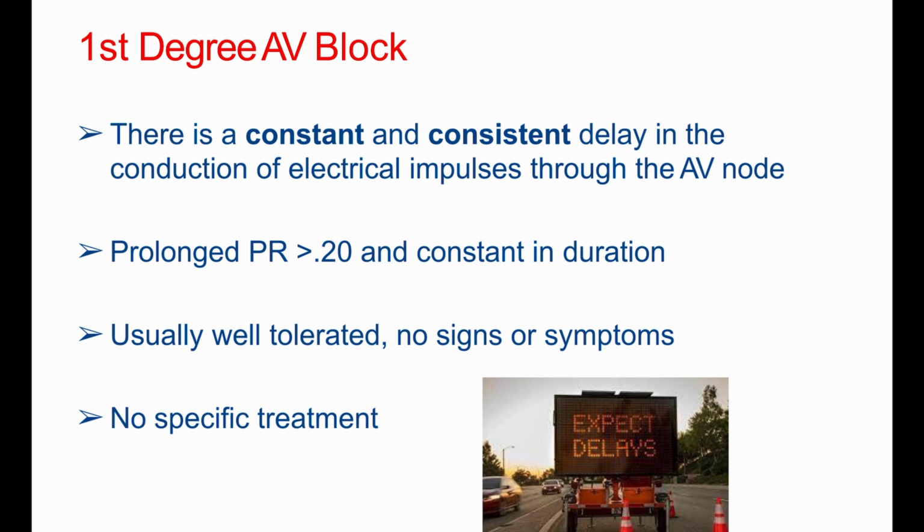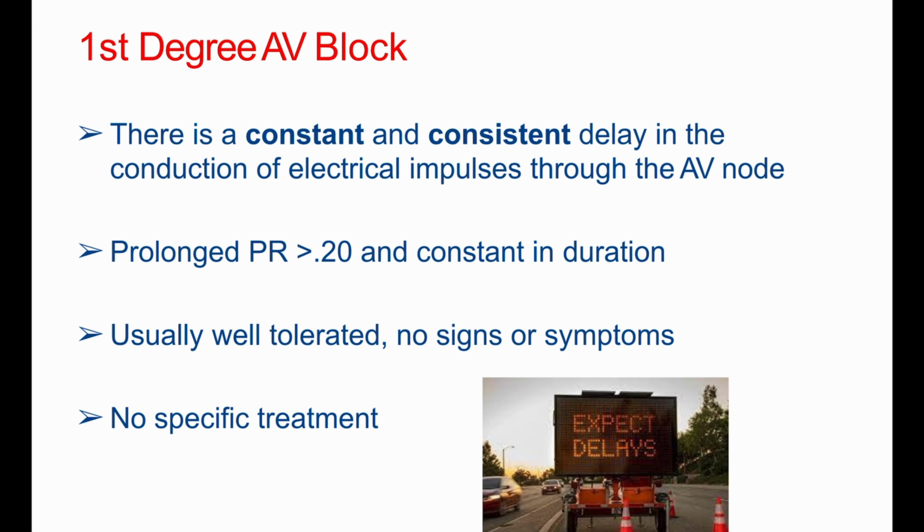In first degree AV block, there is a consistent and constant delay in the conduction of electrical impulses through the AV node. Just keep in mind the two words, constant and consistent. Constant and consistent delay.